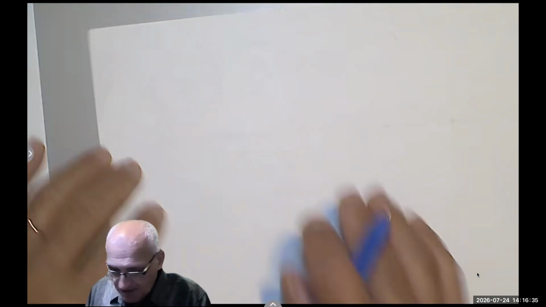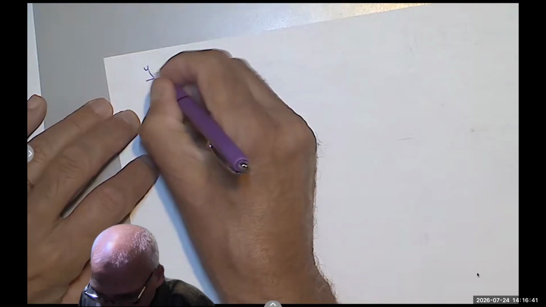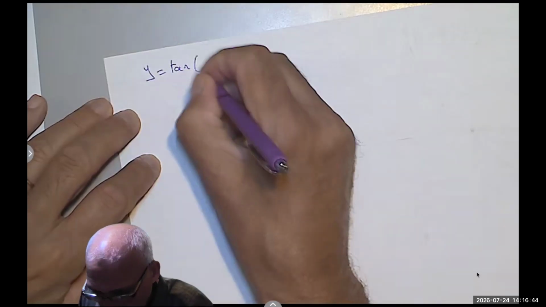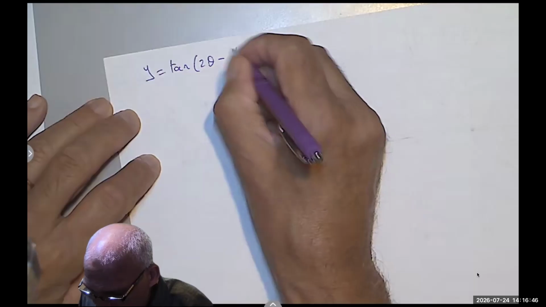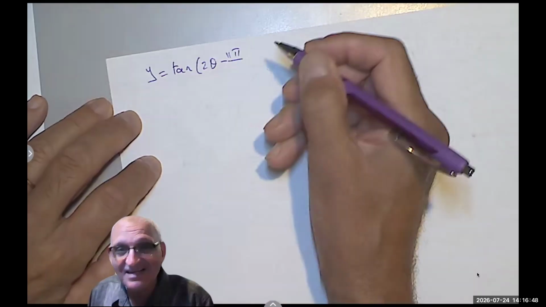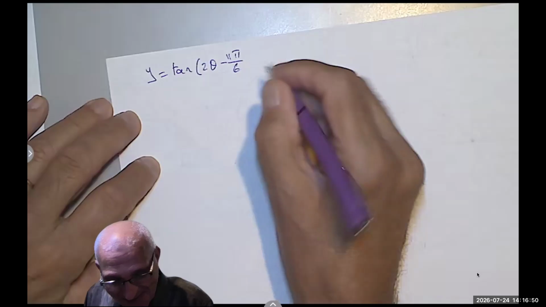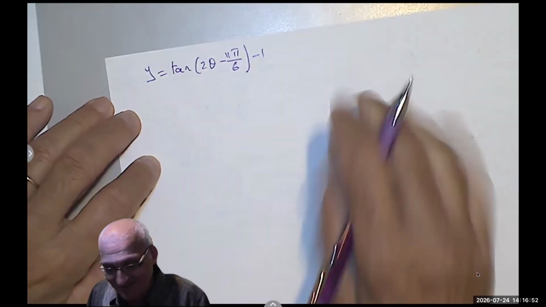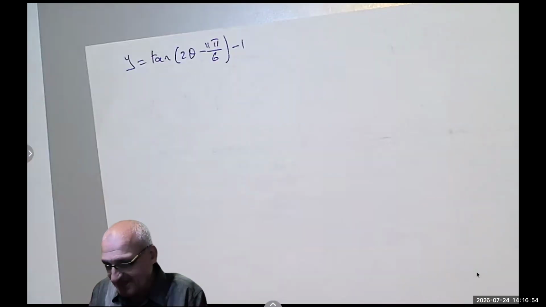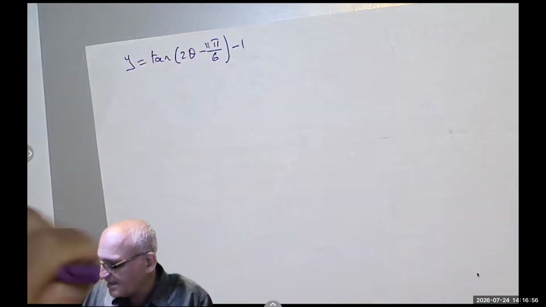So let's try to do it here. y equals tan of 2 theta minus 11 pi over 6. Ugh, every time it's 11, I write the pi first. Again, all I do here is add 1 to both sides.